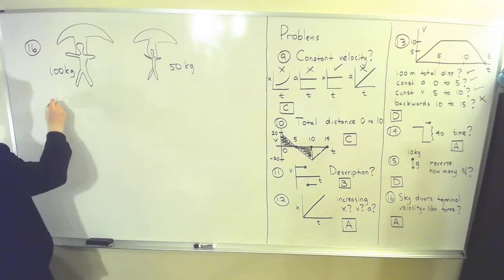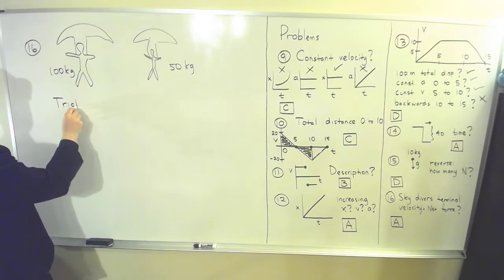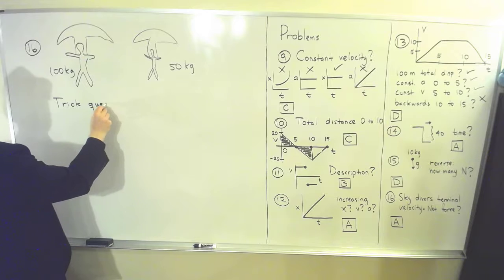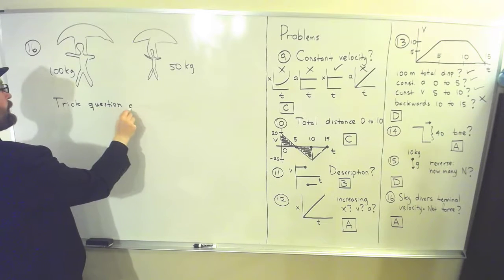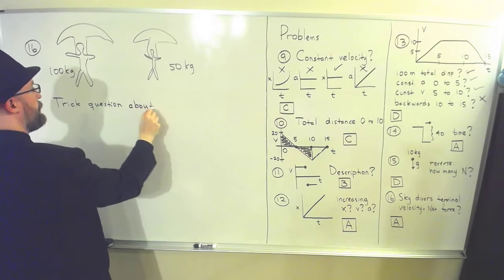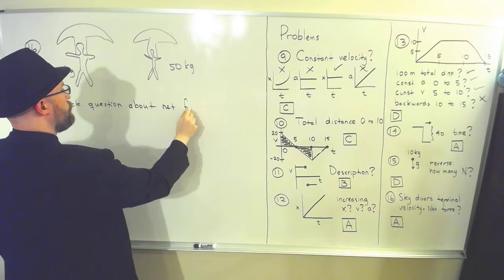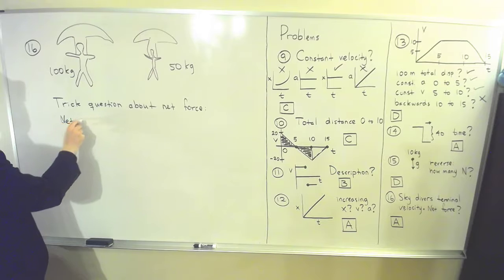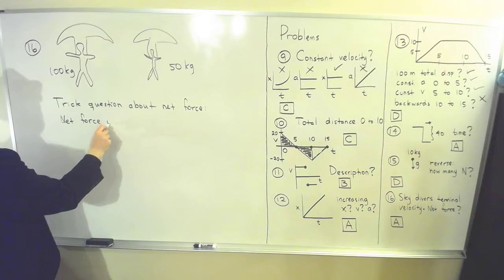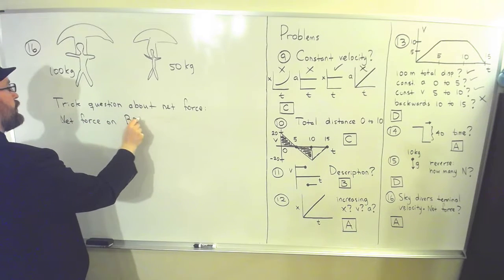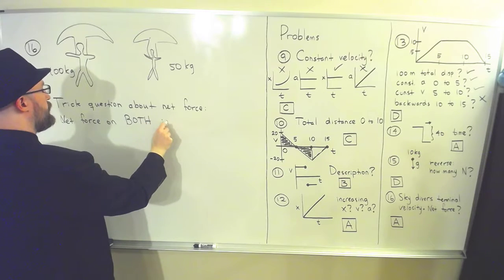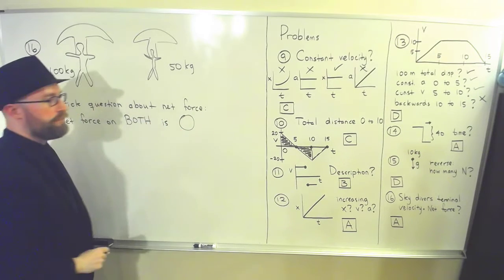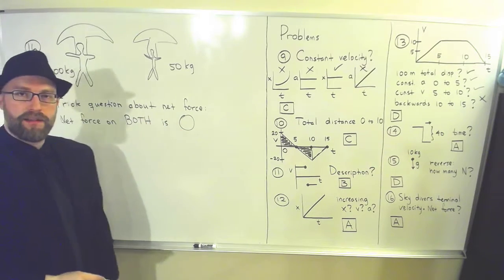This is sort of a trick question about net force. It turns out that the net force on both skydivers is 0. Why? Because they're not accelerating.